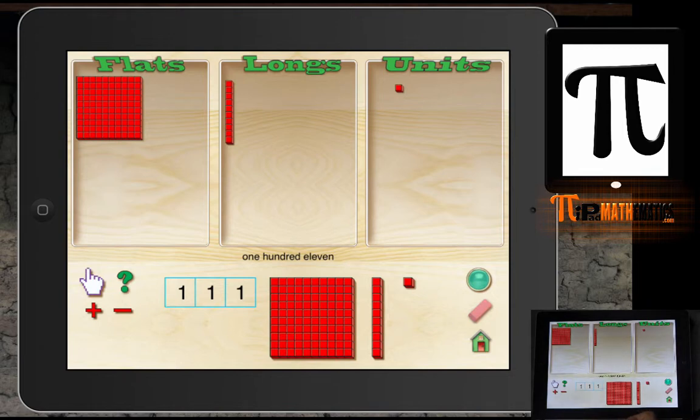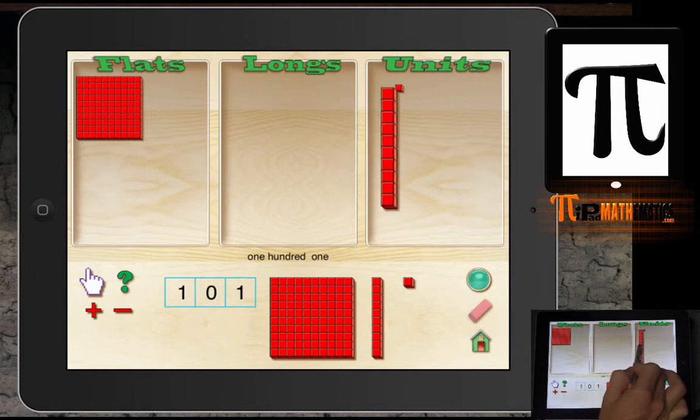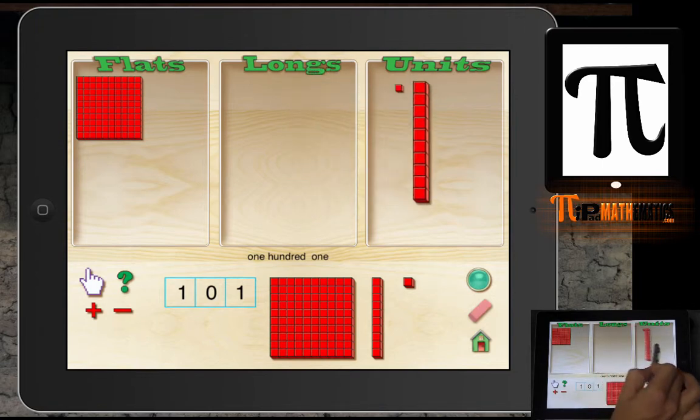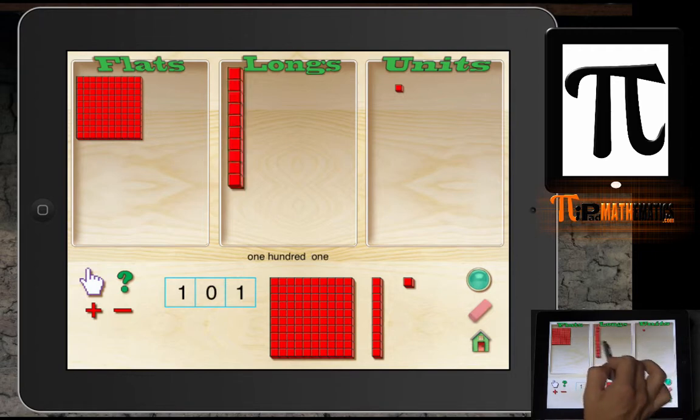Now, one of the concepts that we try to learn about in our base 10 blocks is this idea of exchanges or regrouping, decomposing a 10. So we decompose this 10 to become 10 units, and we compose 10 units to become 1 long.